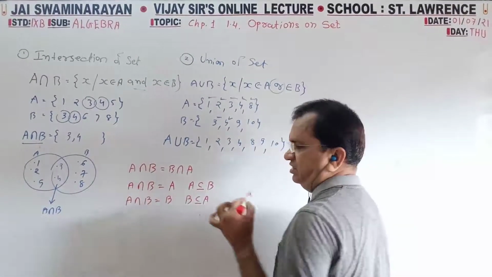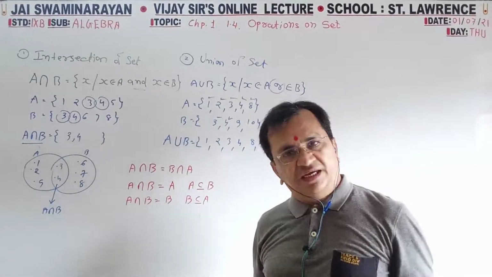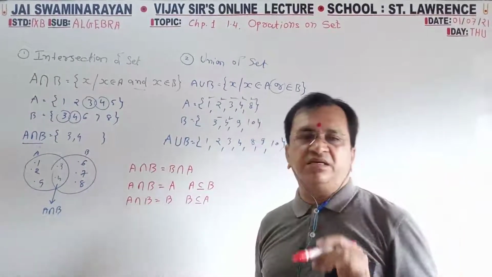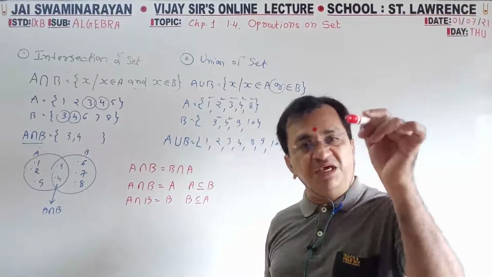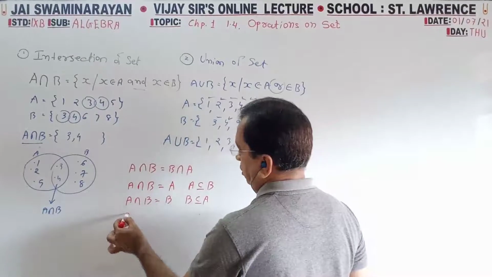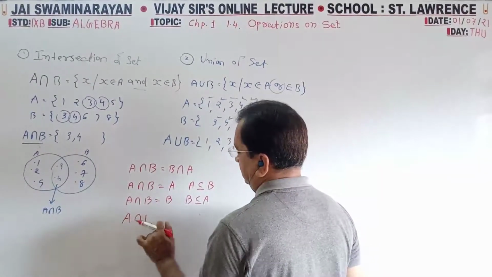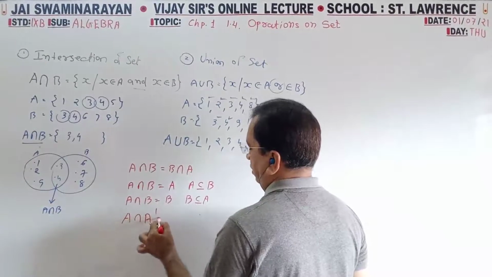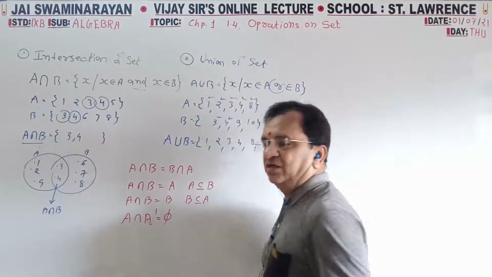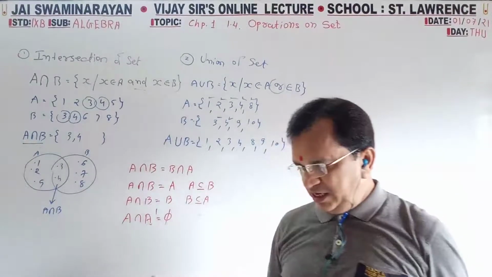If A and B intersection answer is A, then A is included in B. If the intersection answer is B, B is included in A. And you know the complement. A and A complement intersection is always empty, because A and A complement are totally different.